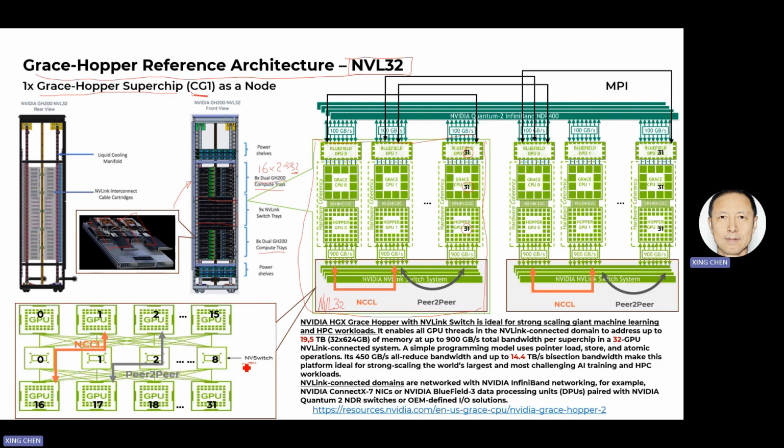The 9 NVLink switches are going to be connected to the GPUs in a fat tree topology. So this is a fat tree topology here. And on this interconnection network, you can run the NCCL communication library and you can do peer-to-peer memory access.